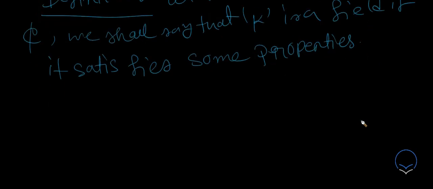So what are these properties? The properties will be the following.